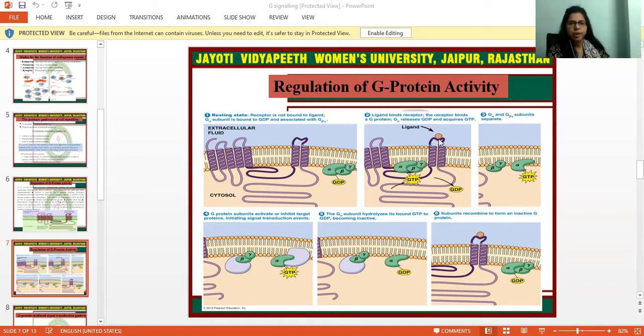When a ligand comes and binds to the receptor, the G alpha releases the GDP and acquires a GTP molecule. Now G alpha with GTP separates from the beta and gamma subunits. These separated subunits of G protein further act on the target proteins, initiating the signal transduction events.